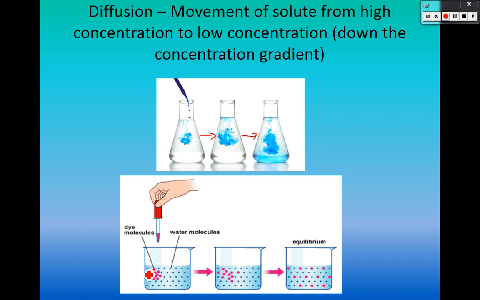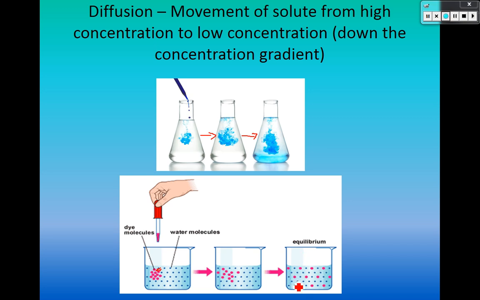And what's happening on the atomic molecular level, so that's our macroscopic level, on the atomic molecular level, is you have these particles of dye, and they're all bouncing around. Some bounce out, some actually bounce back in, so they're going in different directions. But overall, the net flow is that those particles of dye eventually bounce away from each other, and so you get them spread out.